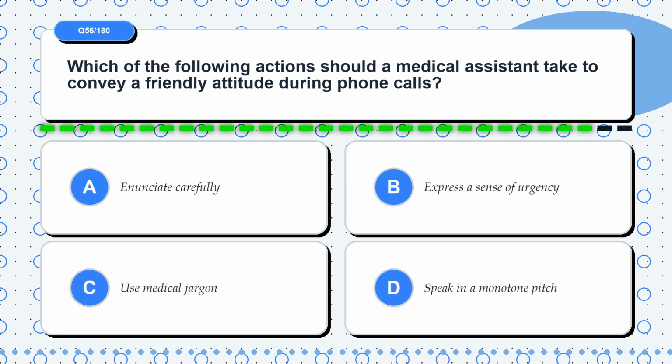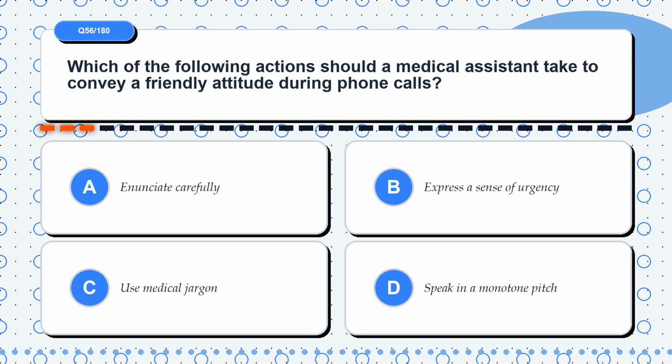Question 56. Which of the following actions should a medical assistant take to convey a friendly attitude during phone calls? Here are the options. Option A, enunciate carefully. Option B, express a sense of urgency. Option C, use medical jargon.